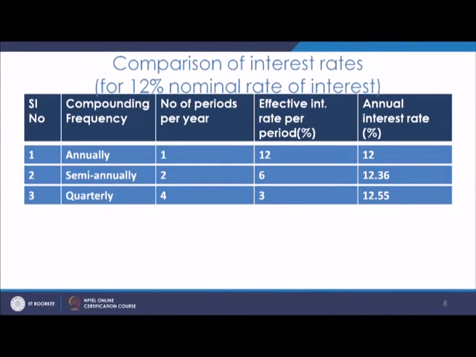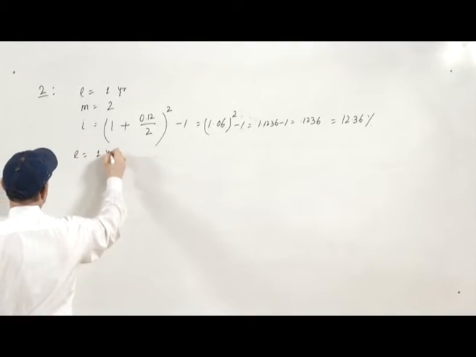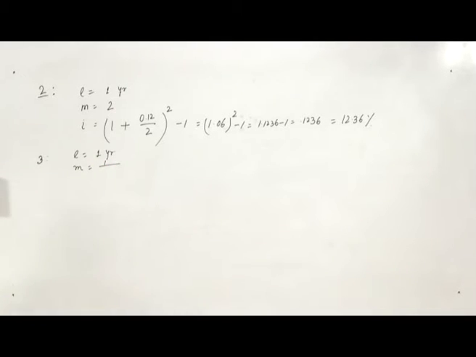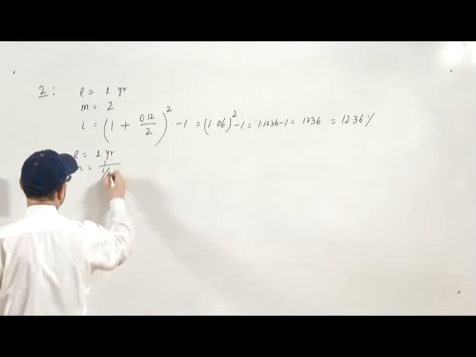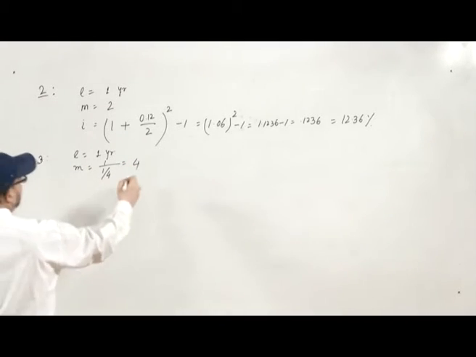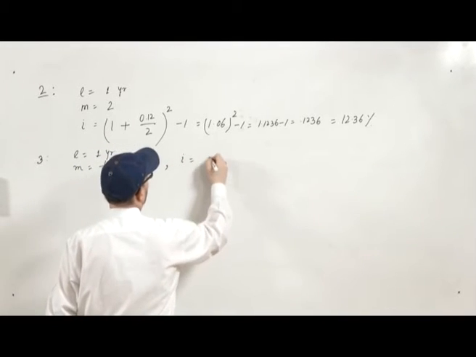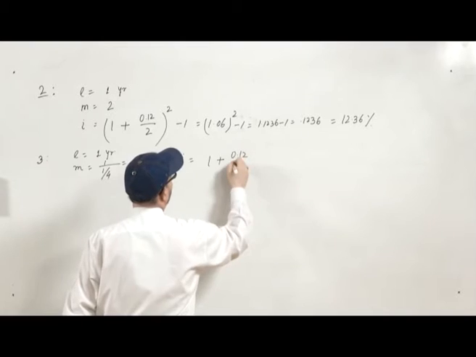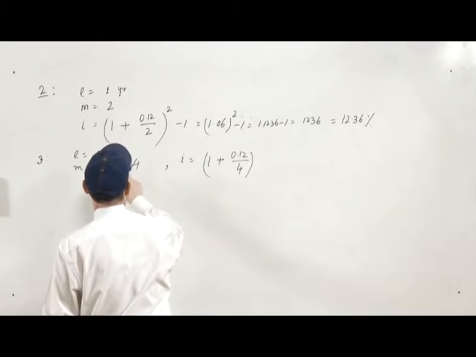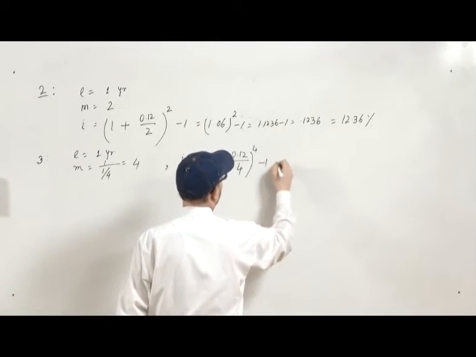If you go further, for quarterly compounding, L anyway is 1 year, and M is the reciprocal of 1/4 years, that is for 3 months. So, 1/4 years, that comes as 4. So, I will be calculated as 1 plus 0.12 divided by M, M is 4, raised to the power L into M, that is 1 into 4 is 4, minus 1.